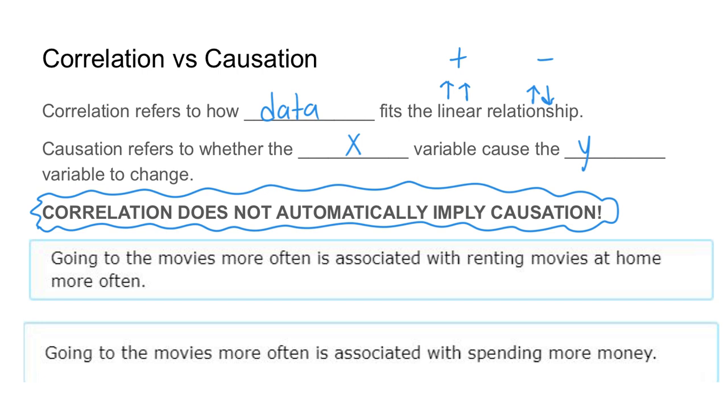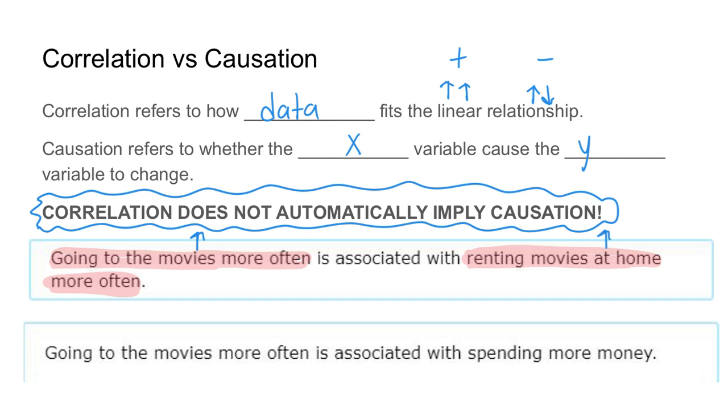So by the same example, I have this example here about going to the movies and renting movies. A person who enjoys going to the movies more often might be associated with a person who rents movies at home more often. There's probably a positive association there because someone who goes to the movies is a person who likes movies, and someone who rents movies at home is a person who likes movies.